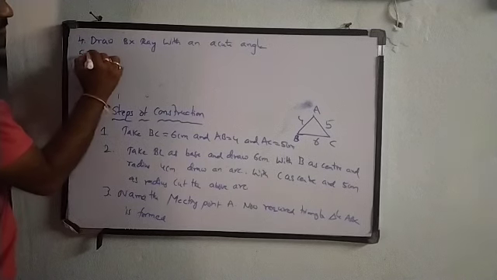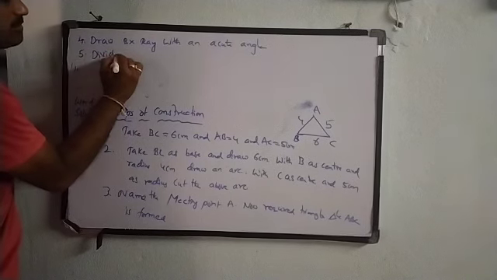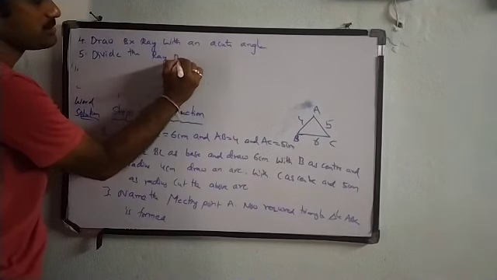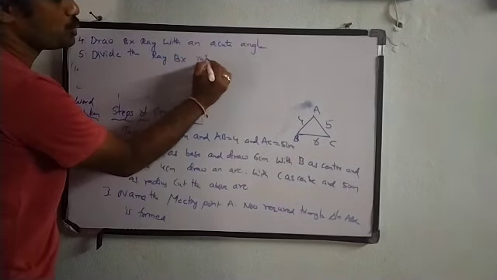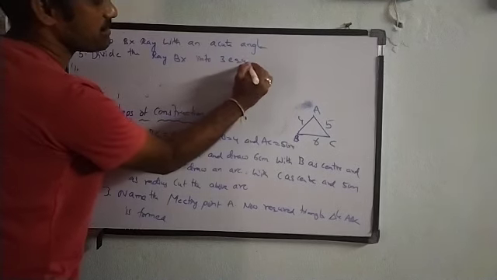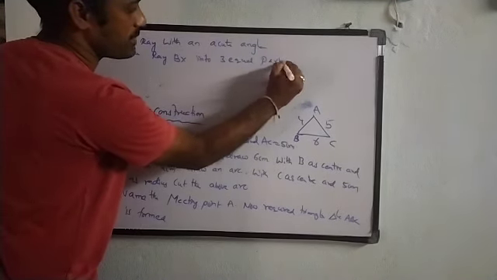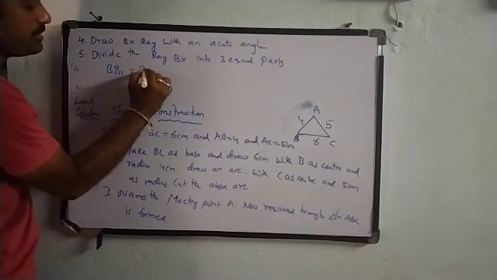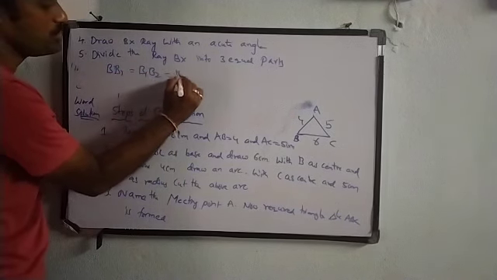Step 5: divide the ray BX into 3 equal parts. Why? Because the highest number is 3. How? BB1 is equal to B1B2, equal to B2B3.